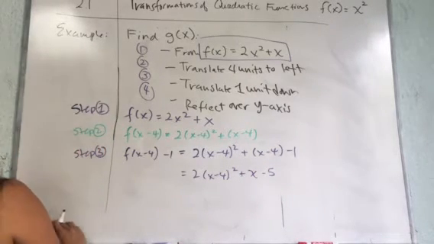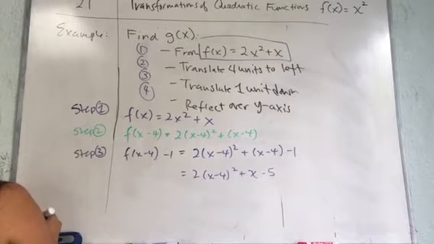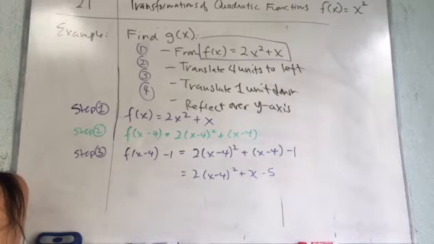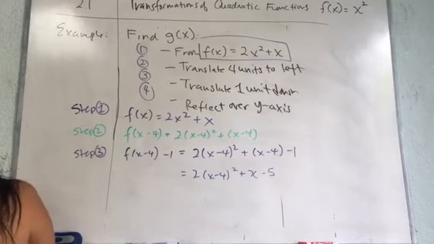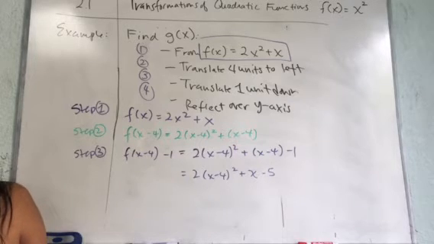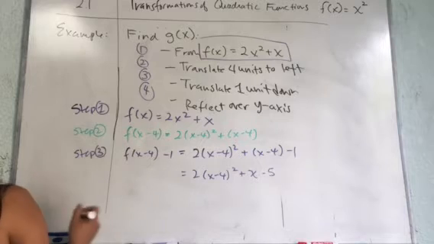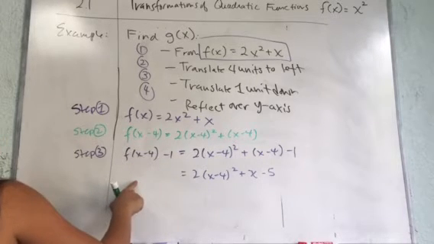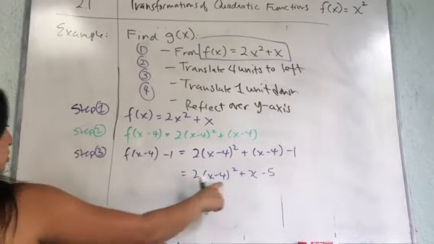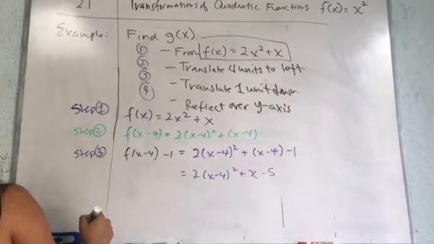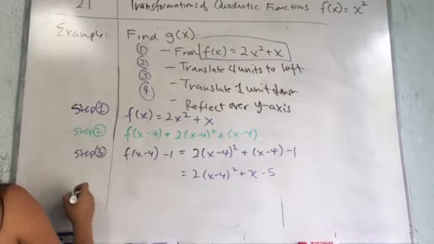The reason why I'm not cleaning it up yet is because step number 4, which is the last step in our transformation, we need to reflect it over the y-axis. Again, when you refer to the chart, if we need to reflect something over the y-axis, we have to put in negative x into this transformation.